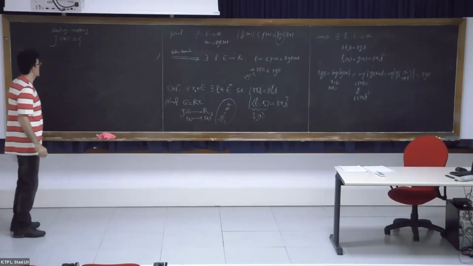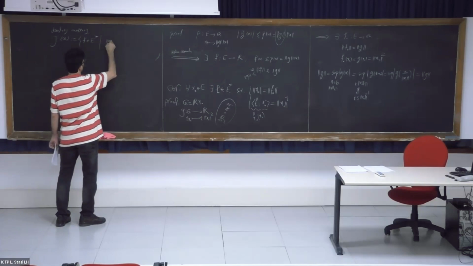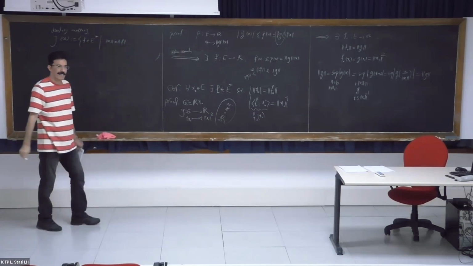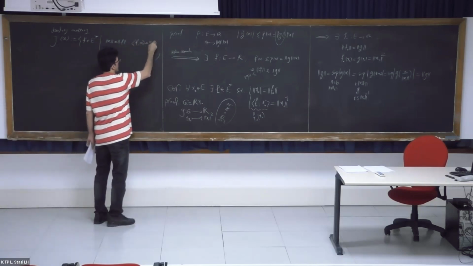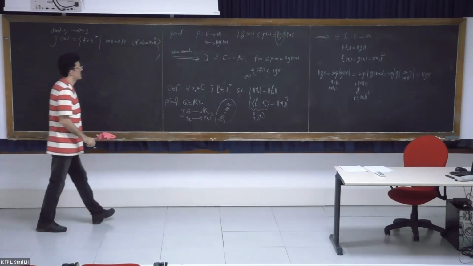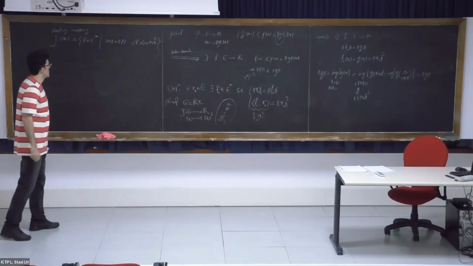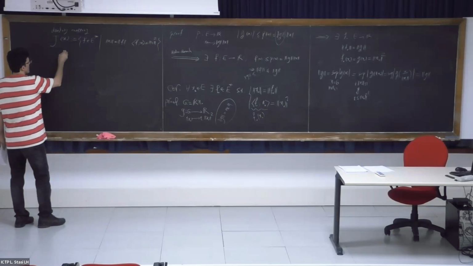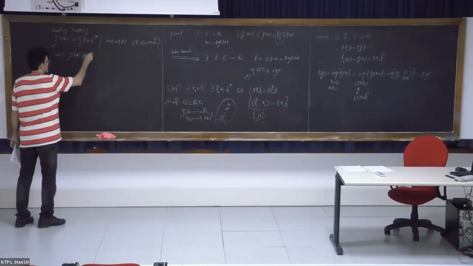J of x is all the elements in E star with this property: the norm of x is the norm of f, and f of x is the norm of x to the 2. So from this corollary, we deduce that J of x is non-empty.